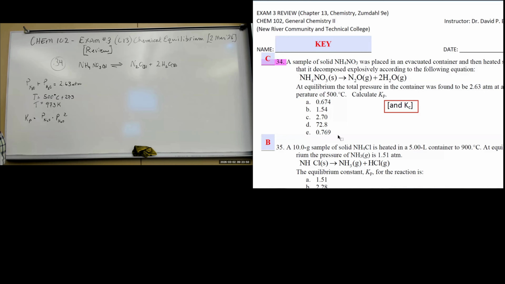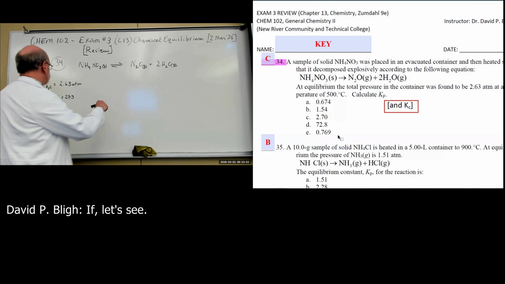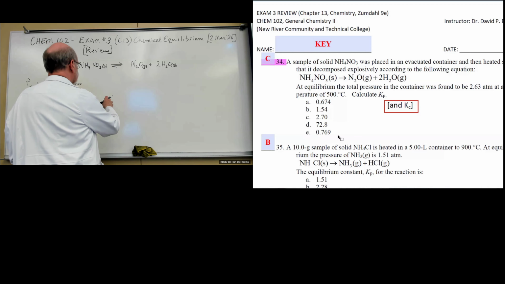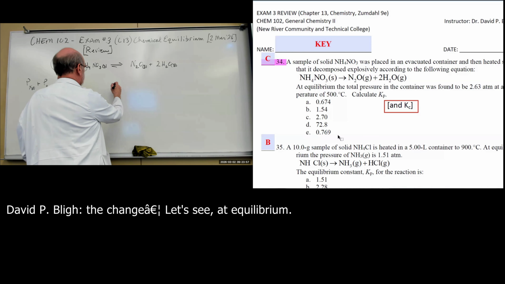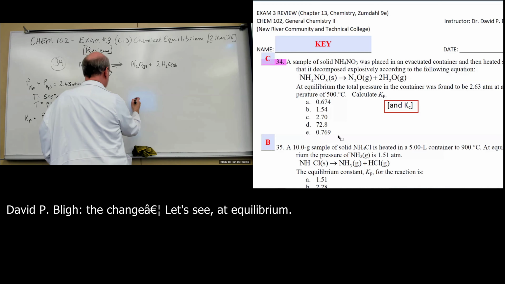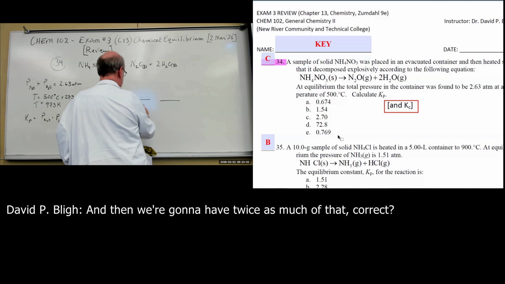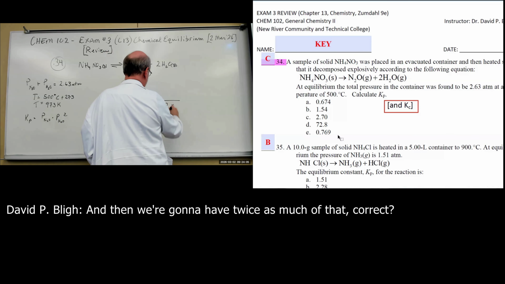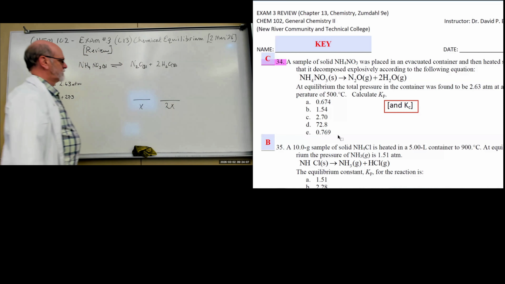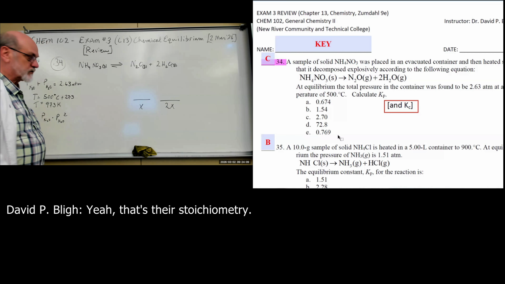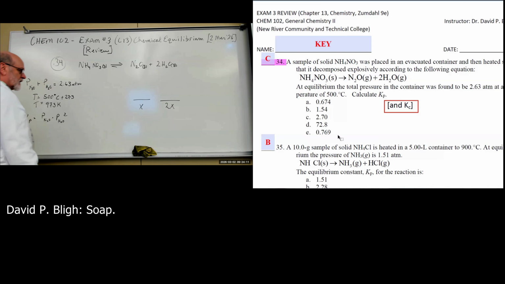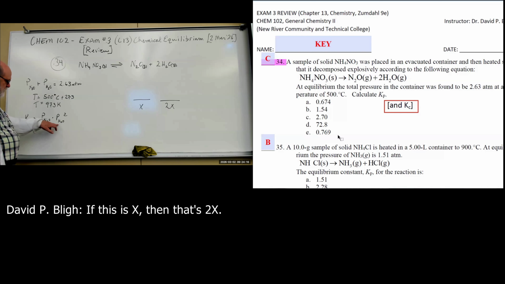Okay. If, let's see, at equilibrium, we're going to have so much of this, and then we're going to have twice as much of that, correct? Yeah, that's their stoichiometry. So if this is X, then that's 2X.